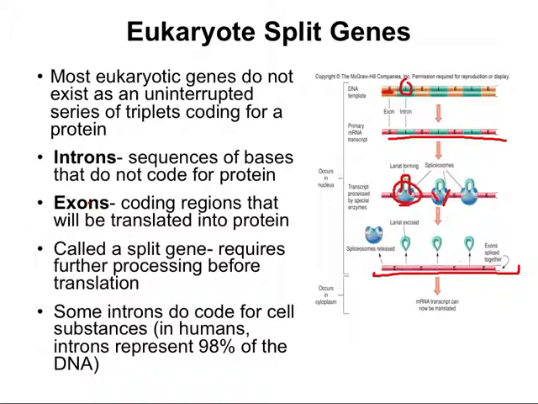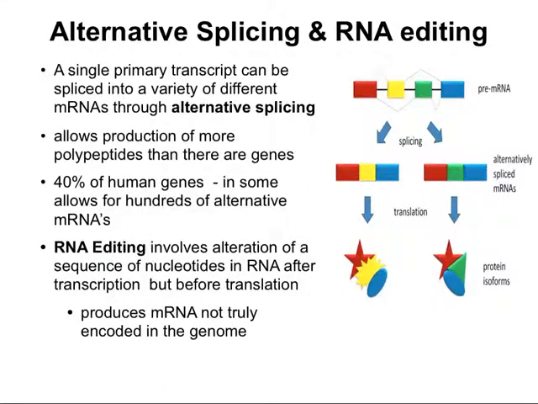We used to think that there was one gene to one polypeptide. However, we now understand that one RNA transcript could have several possible options, even hundreds of alternative messenger RNAs that could be made through the process of alternative splicing.